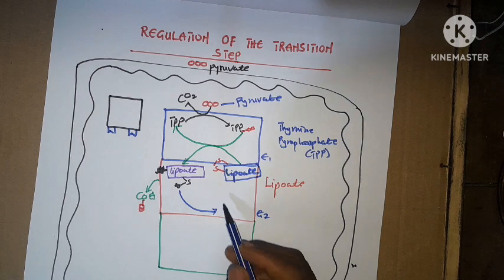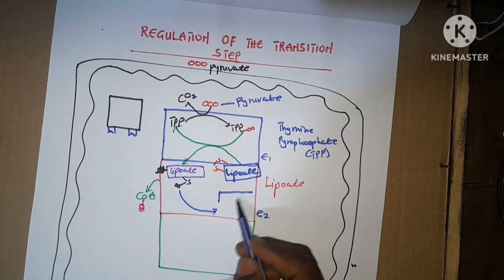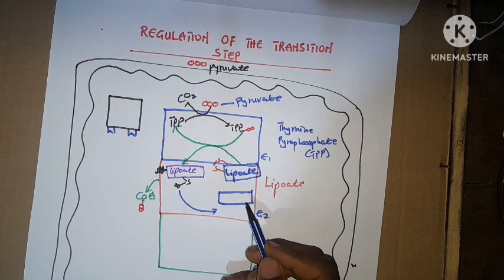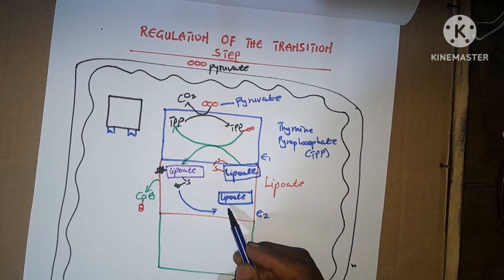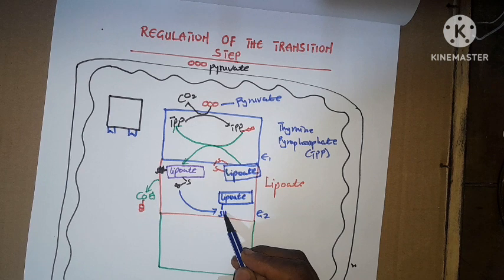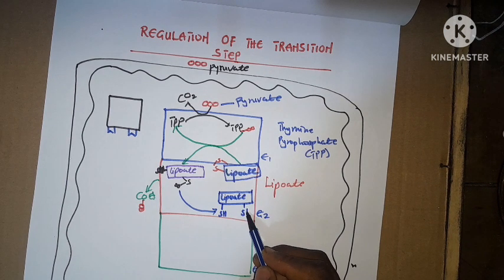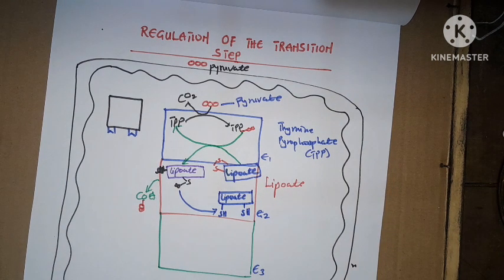So it will form a thiol group. And after that, enzyme 3 also comes in.